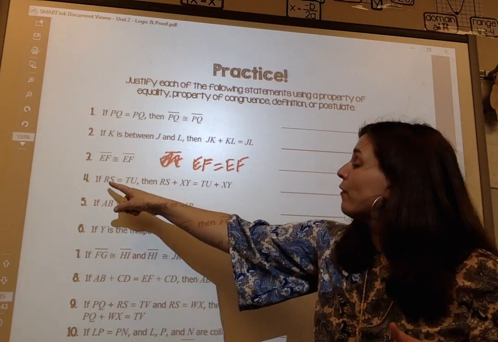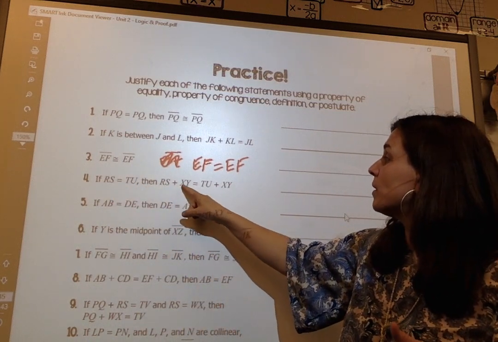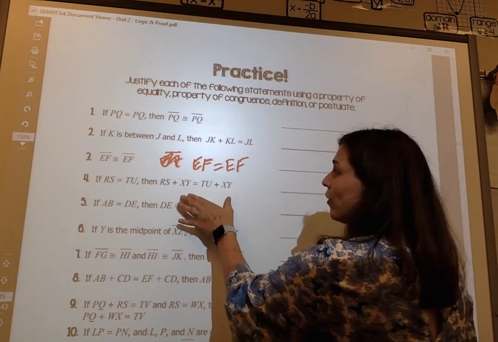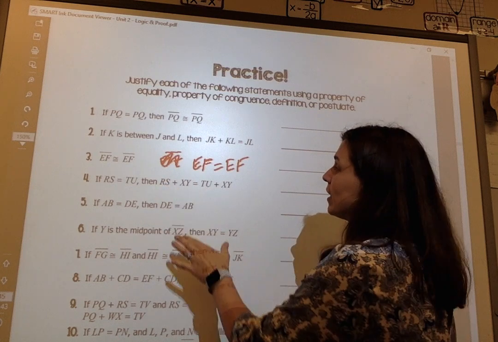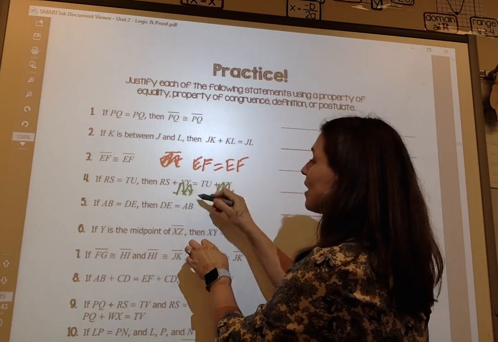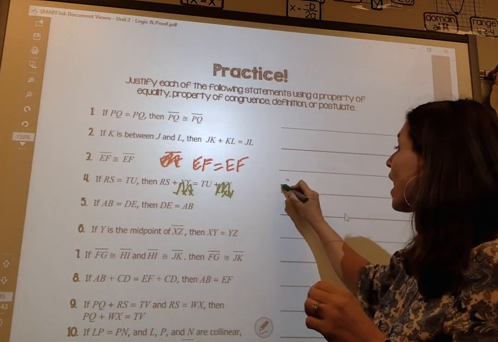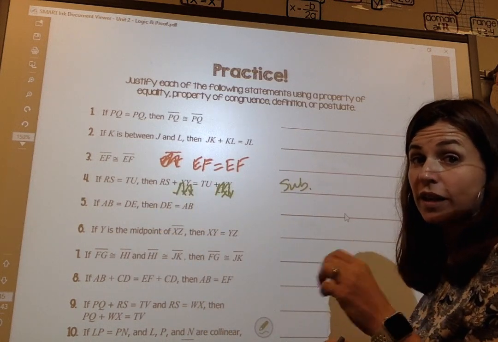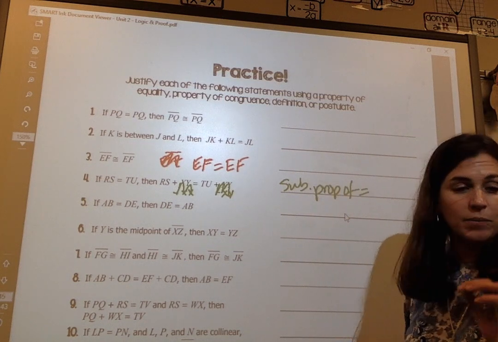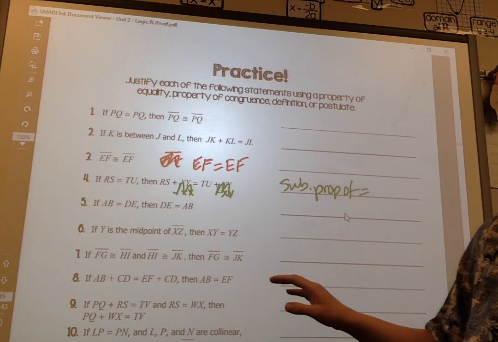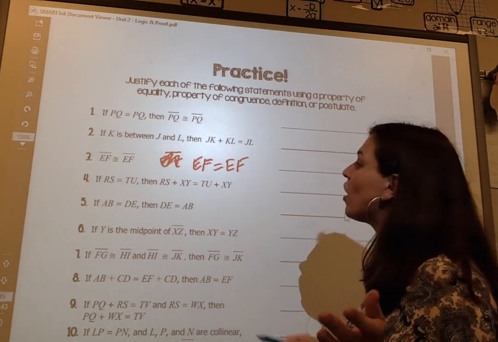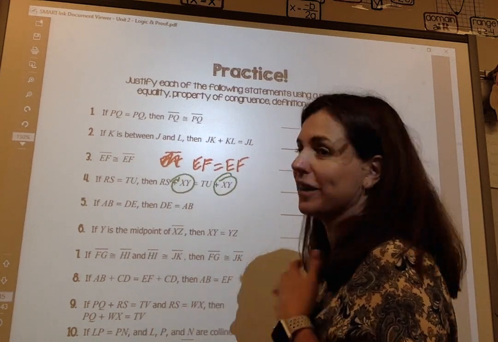All right, so if RS equals TU, then RS plus XY equals TU plus XY. So notice here, if I wanted to end up with RS and TU, all I would have to do is subtract XY on both sides. So this is subtraction property of equality. I'm only abbreviating because I don't think you have this in front of you. Oh, what am I doing? No, that would be if I solved it. This is addition property of equality.